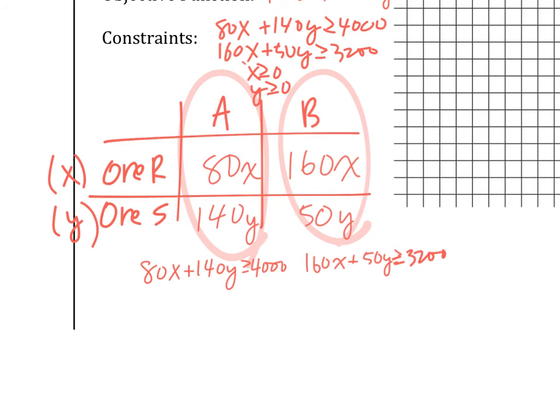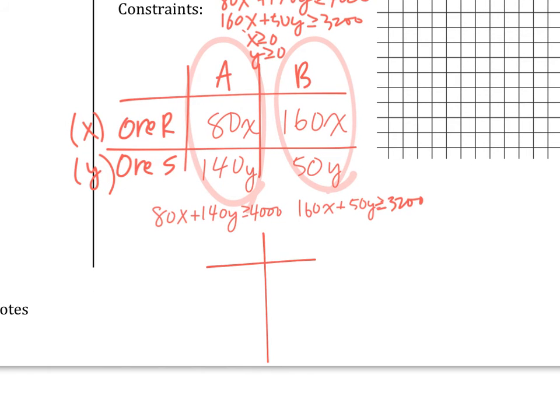Okay, so the vertices are 0, 64, 13.48, and 20.9. Oops, sorry, my numbers are badly written. 50 and 0.